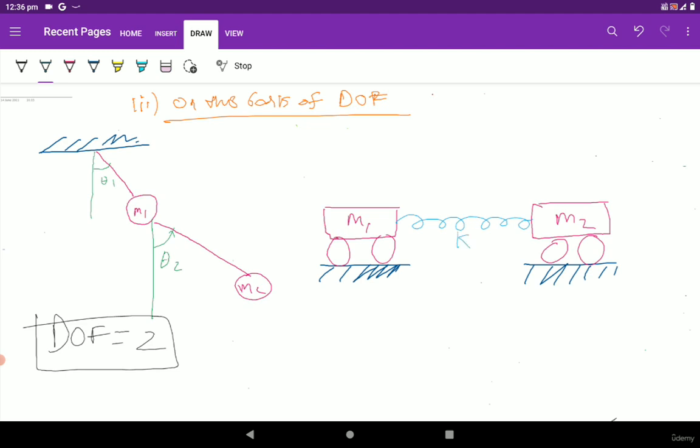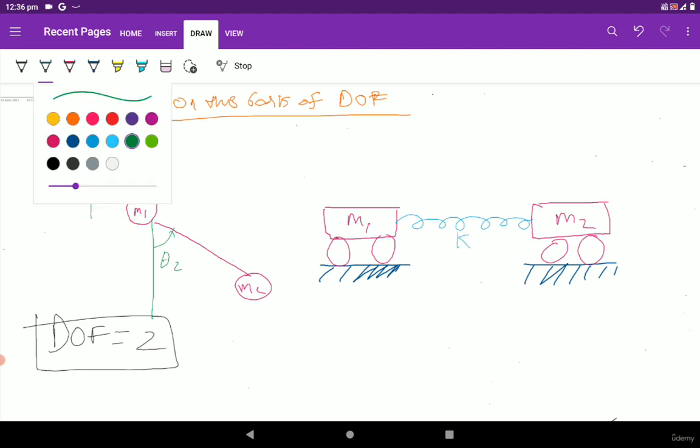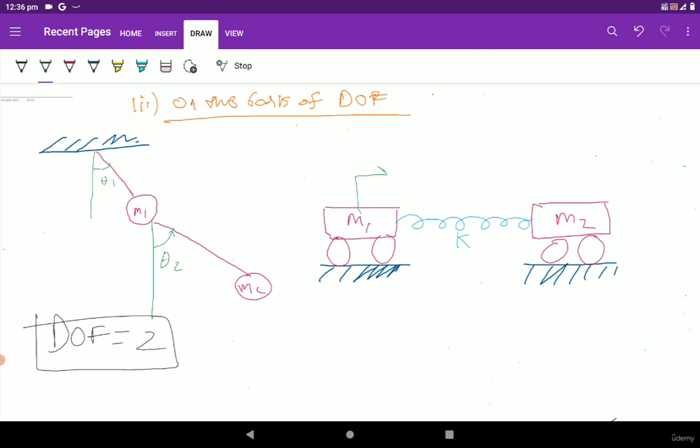So trolley m1 can be displaced by x1 distance, and trolley m2 can be displaced by x2 distance. So we can say for this given system, the degree of freedom is equal to 2.